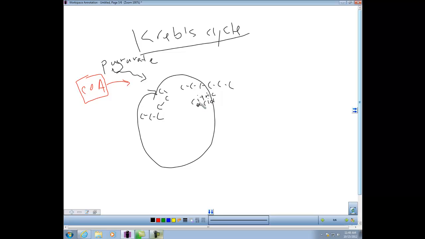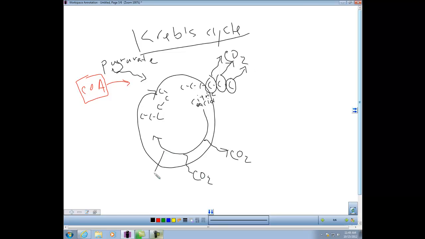The citric acid is then going to cycle around, and at a few different points it's going to release carbon dioxide. So we're letting off this molecule as carbon dioxide, this one as carbon dioxide, and this one as carbon dioxide, all through the cycle.